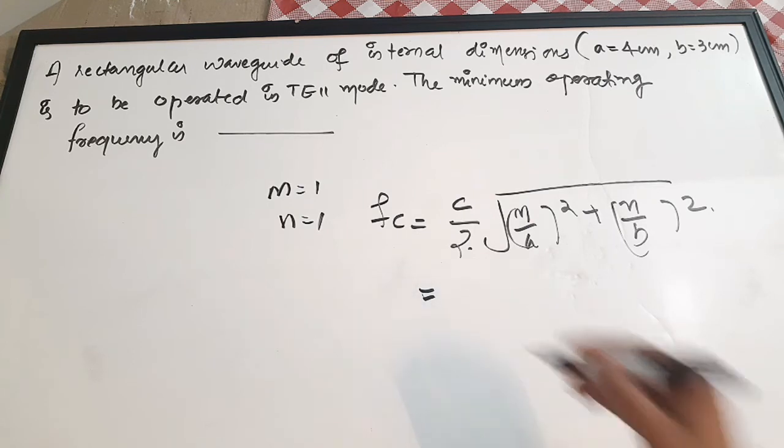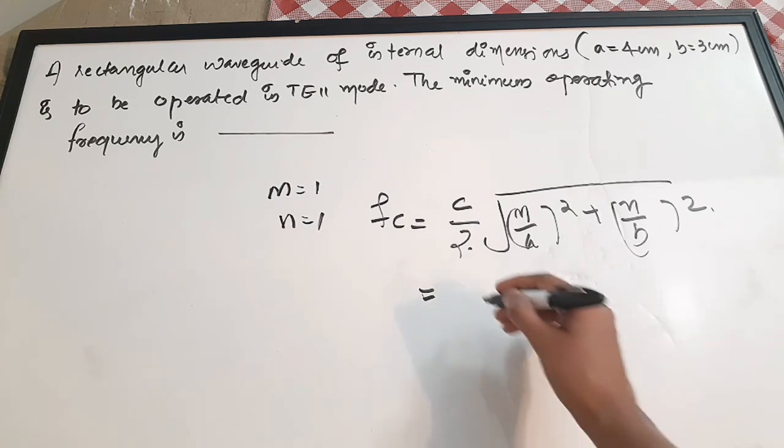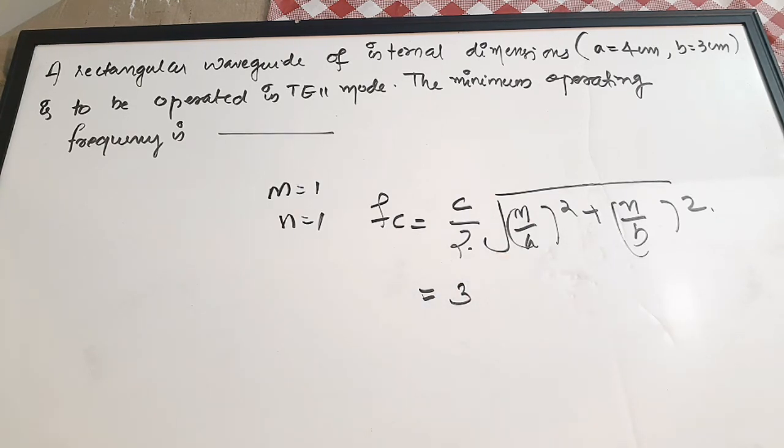Now, c by 2, substitute it. Another thing, note that a and b are in centimeters, and c is in meters per second. So, either convert that to centimeters per second or convert these units to meters. You have a choice, but in the end, you should equalize.